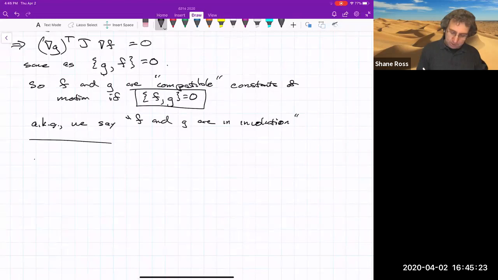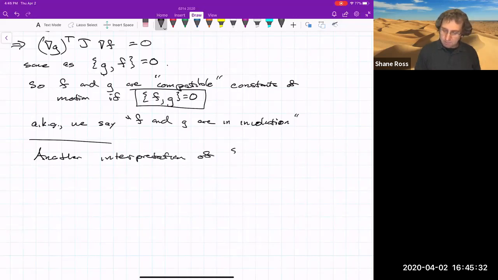This is really quick, but this is another interpretation of the Poisson bracket of two scalar functions equaling 0.